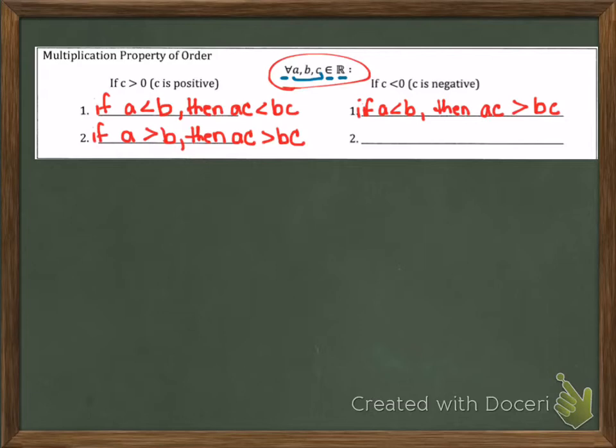So just taking note there that we changed that symbol, and we'll take a look at that in a moment. So if A is greater than B, then AC is less than BC. So again, taking special note to see that we flip that symbol around. There's a reason for that. Let's take a look at our examples.